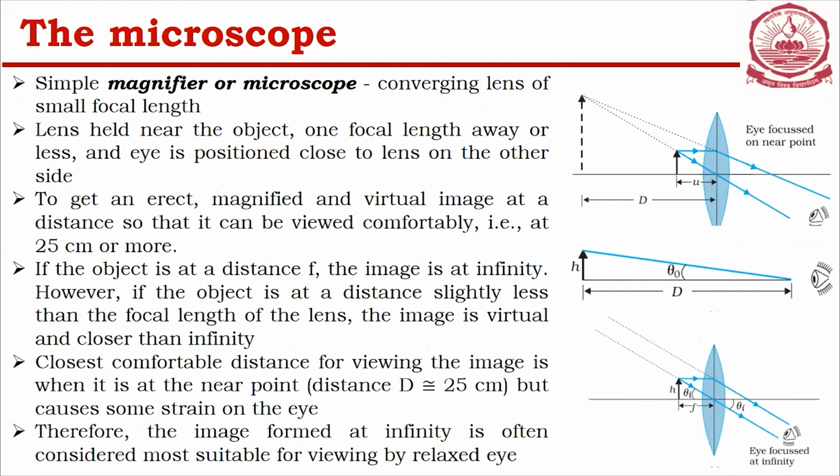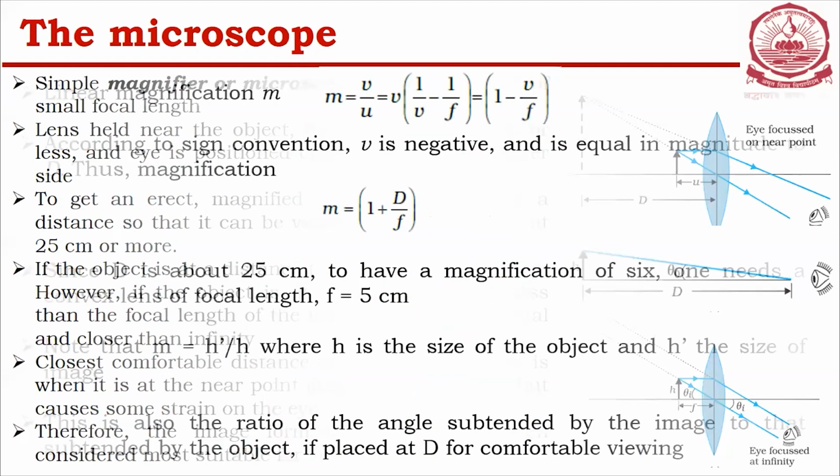The linear magnification is h dash by h or minus v by u, but the angular magnification is theta I by theta naught, the angle subtended with the lens divided by the angle without any lens.